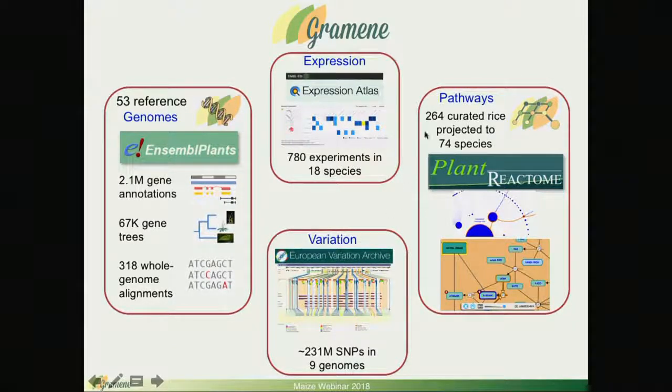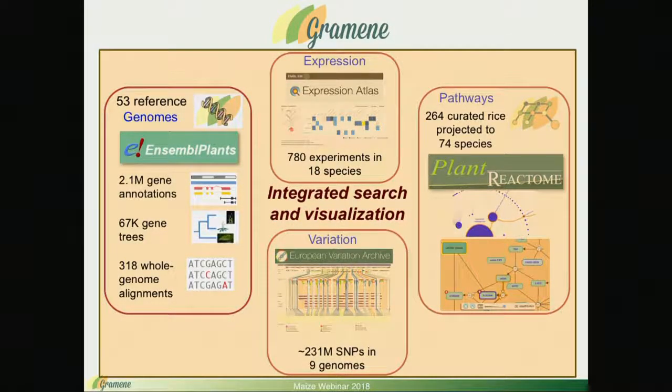We have expression data in conjunction with the Expression Atlas at EBI. We have pathways data curated in rice and projected based on homology to 74 additional species, including the 53 reference genomes that we host. And we have variation data which we have brought into Gramene through the European Variation Archive.